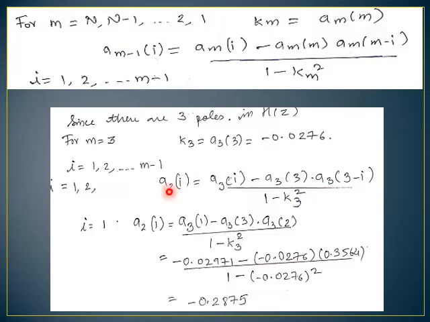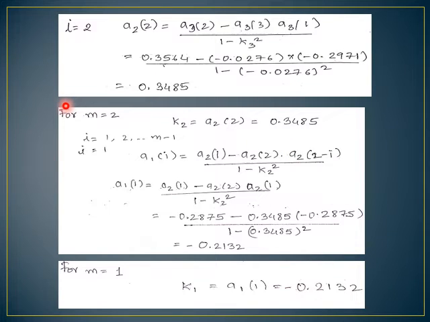Now substitute the value of I as 1. So it is a2 of 1 equals a3 of 1 minus a3 of 3 into a3 of 2, divided by 1 minus k3 square. Substitute the values and you will get the answer as minus 0.2875.